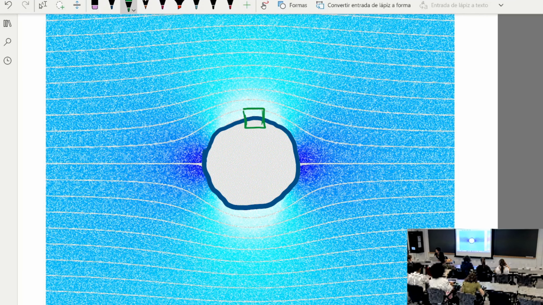And this is a pretty representative case: the circulation over distance, gamma over d, where d is the distance along the surface, is proportional to sine of theta. Which means the circulation is zero upstream and downstream.